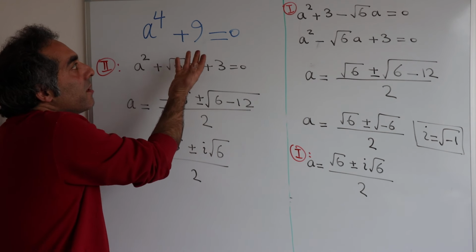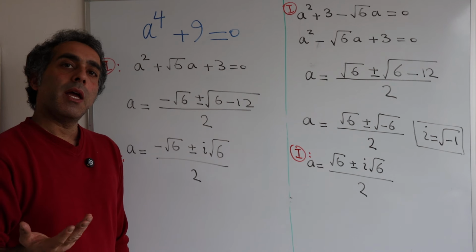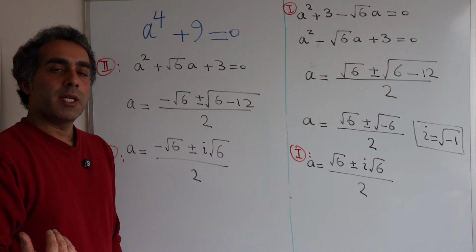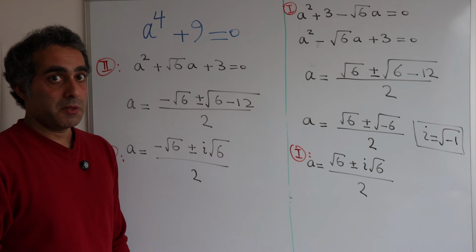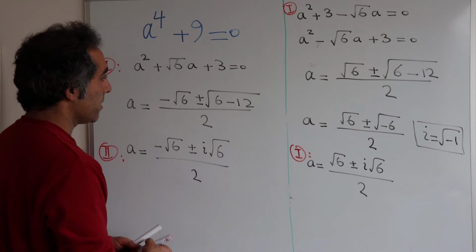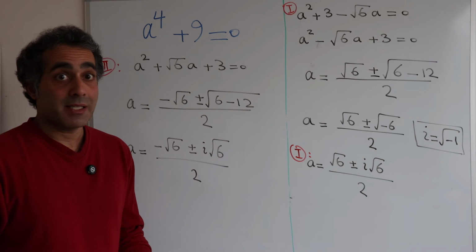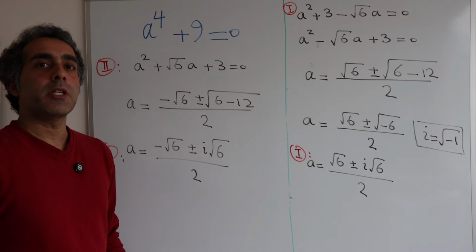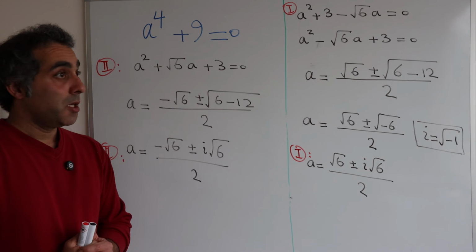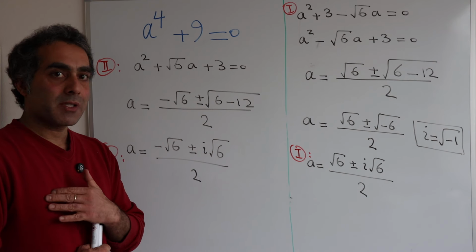You cannot find a number which squared gives a negative number, because r to the power 4 here equals minus 9. It's impossible in real numbers. We have only imaginary numbers, as you can see, because it is fourth order and we have to have 4 roots. If they are not real, they should be imaginary.